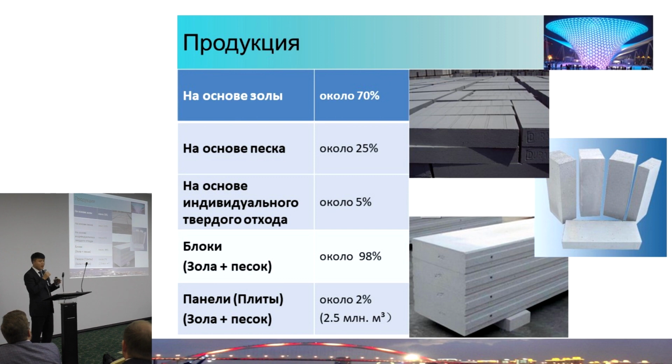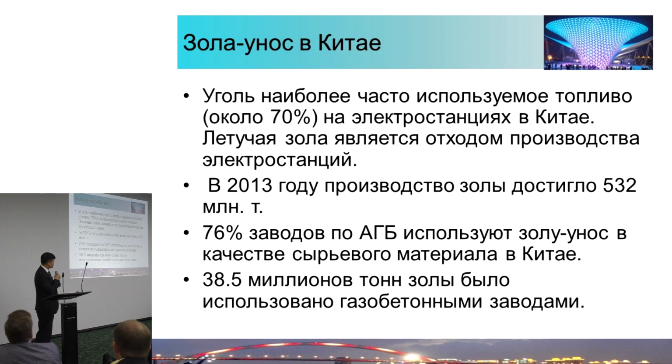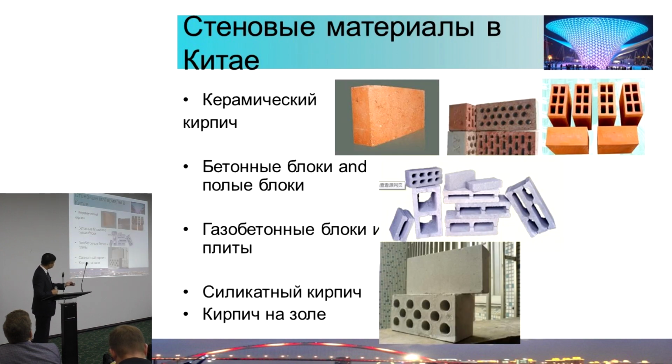There are around 100 different kinds of raw material that can be used to produce AAC. We continue our scientific research, and besides ash there are roughly 100 different kinds of raw material we can use. For now it is mainly fly ash, because it is very cheap in China and sand is more expensive. In China we call this a recycling economy, because we use waste and recycle it into new raw material. In addition, this benefits China's ecology. We use waste fly ash, process it and make new materials from it.